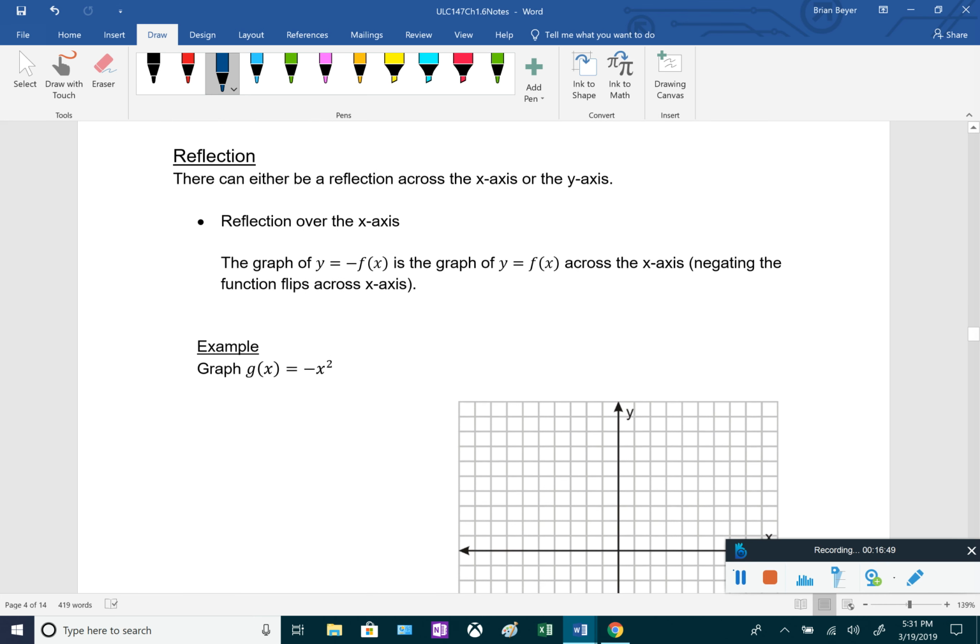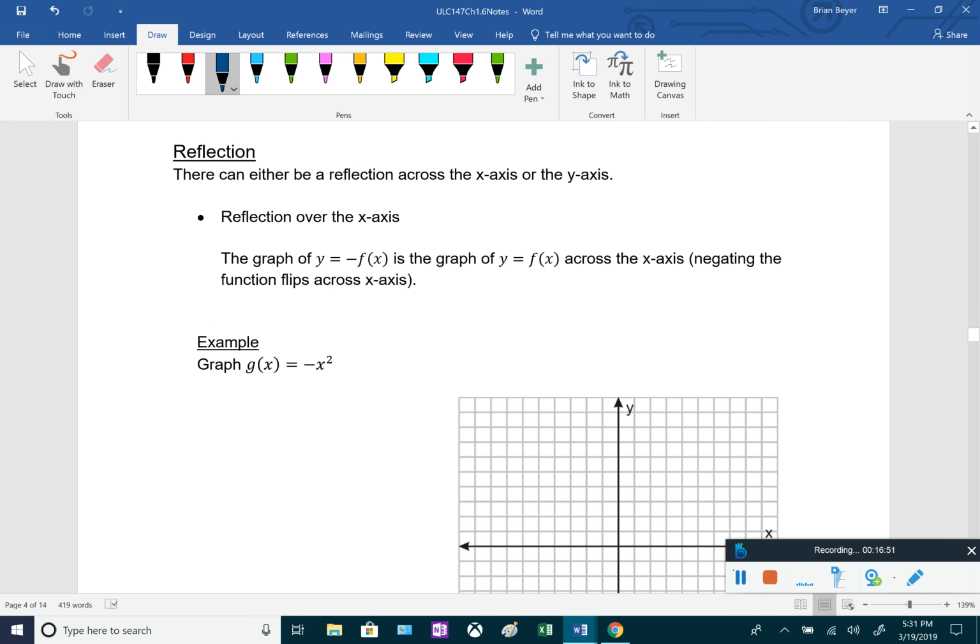Okay, so far we did vertical shifts and horizontal shifts. The next thing is reflection. We have a few more things to get through. For reflection, there are two types: a reflection across the x-axis or across the y-axis. For the first one, reflection over the x-axis, if we have a negative multiplying out front of the function, so negative f of x, that means it's reflecting the function across the x-axis.